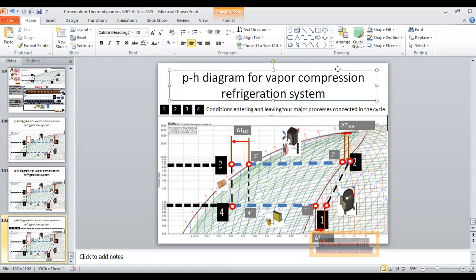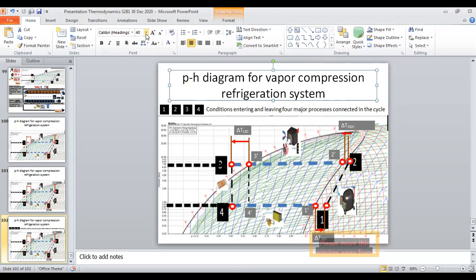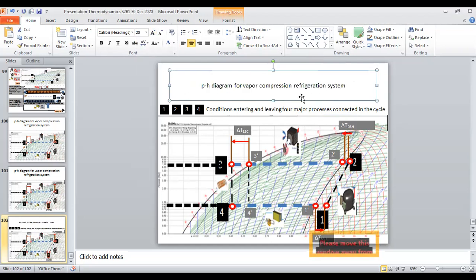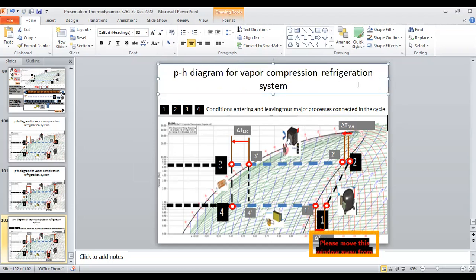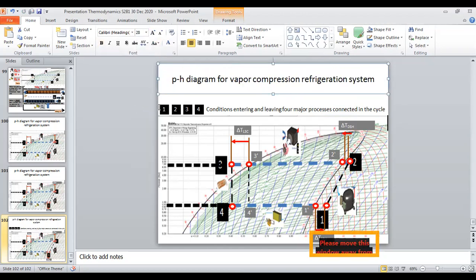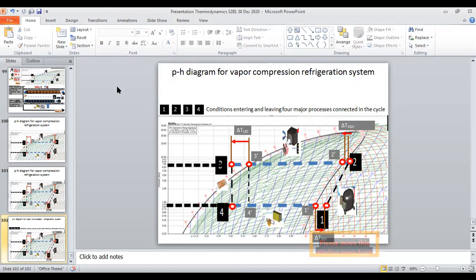So that is obvious, okay? That is obvious for you. So how about the other points? Okay, how about the other points? So no matter whether the diagram is here or not, the points are there, okay?